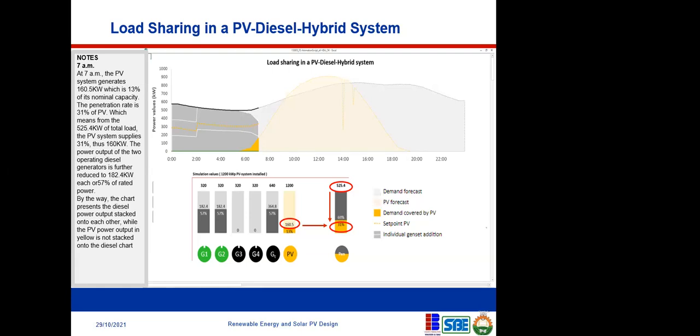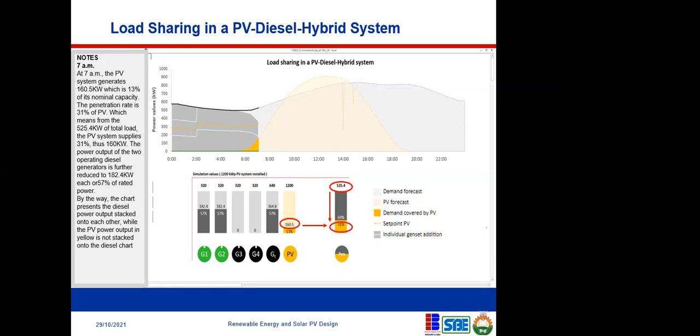Okay, let me take this again. The PV system is now generating 160.5 kilowatts, which is 13% of its nominal capacity.